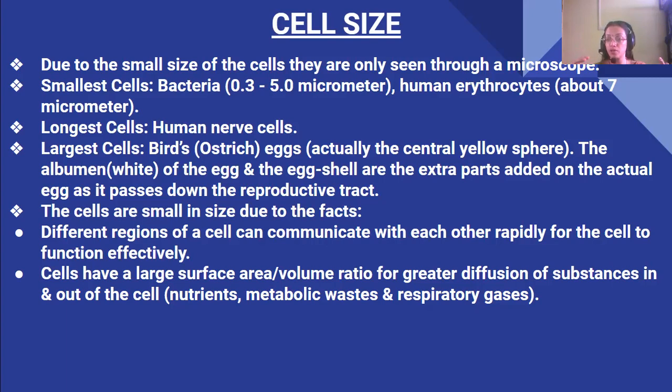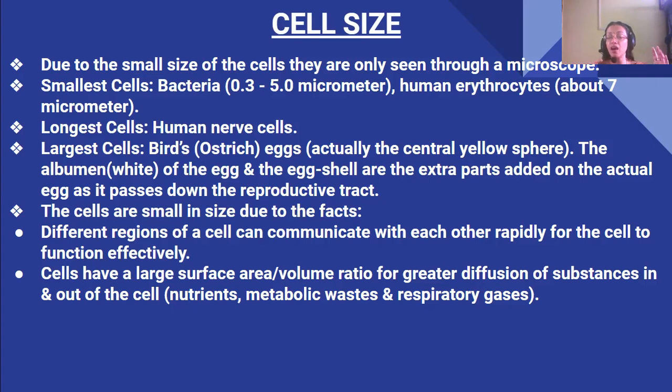What are those substances? They can be nutrients, which can diffuse in and out of the cell both ways. Then metabolic waste: nutrients get in and metabolic waste goes out. And the respiratory gases also: oxygen enters and carbon dioxide leaves. In all these cases, these functions are performed only by diffusion in the cell.